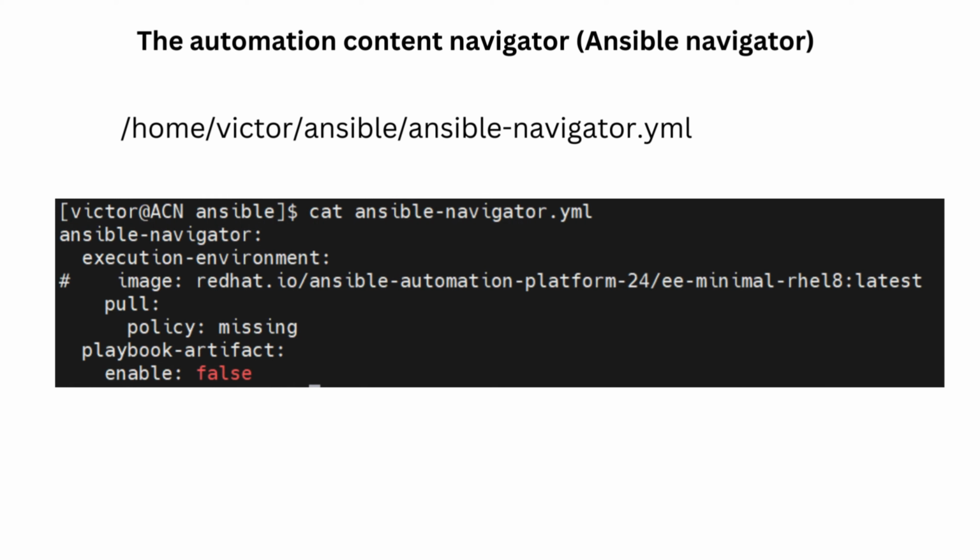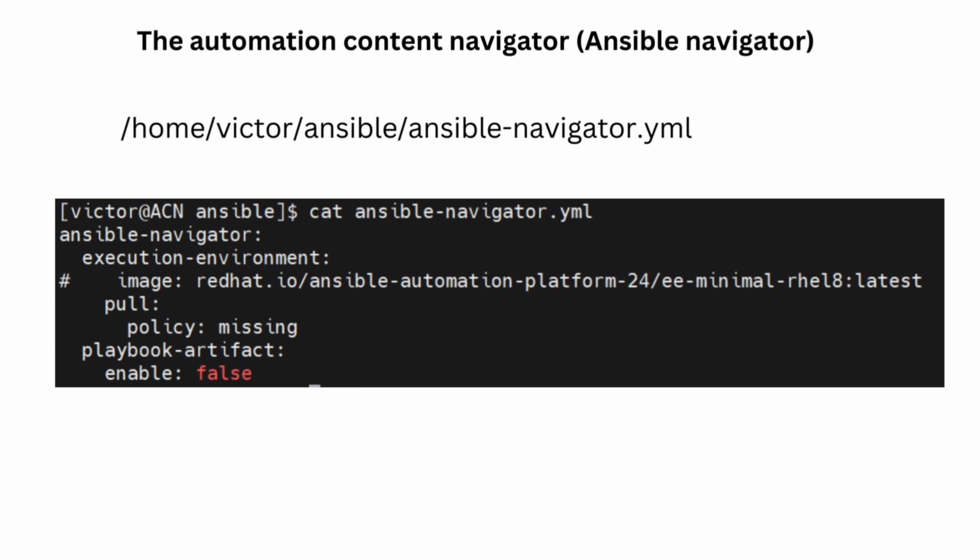These are the parameters that would control the behavior of the Ansible Navigator command, and you can see that we have the Ansible Navigator, we have the execution environment, we have the image, and we have pull. For the image, we are saying that this will be the execution environment container image that will be used.